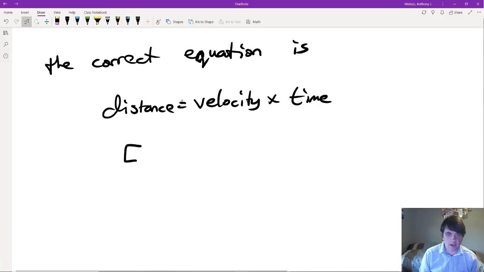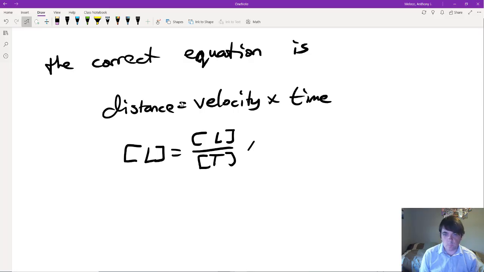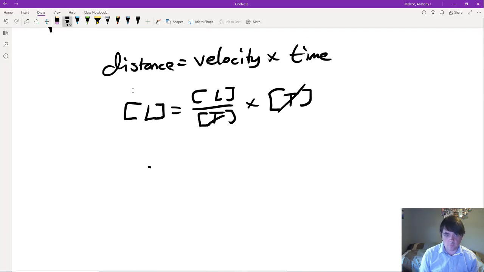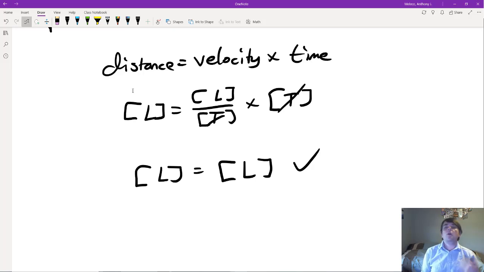So we would write L equals L per time times time. The times now cancel, and L equals L. Okay? And so it ends up working in that instance.